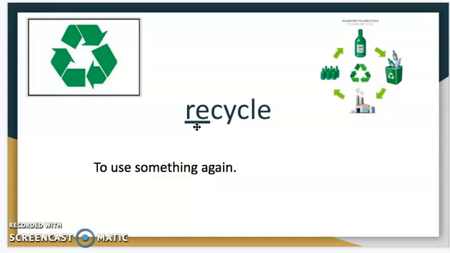So you use it again and again, recycle. What's something that you can recycle? You can recycle aluminum cans, plastic, newspaper. All of those things are things that you can recycle.